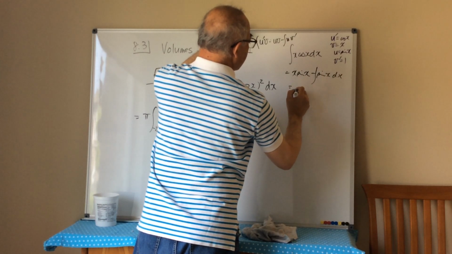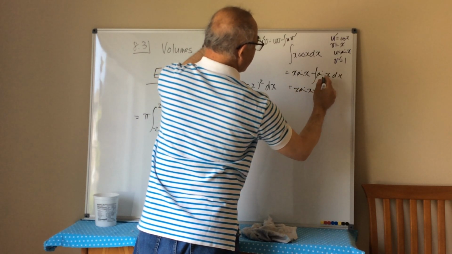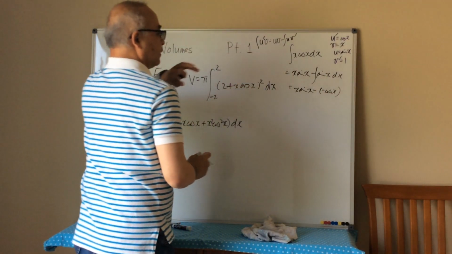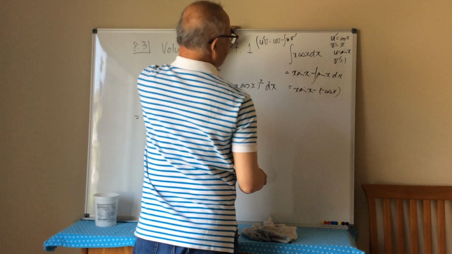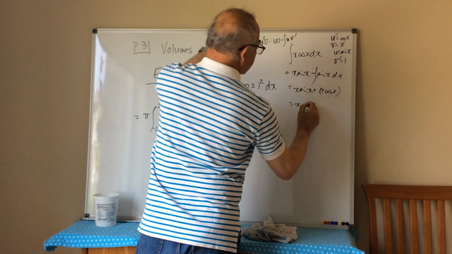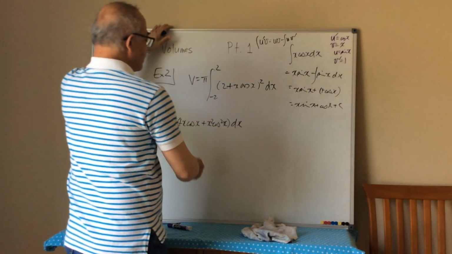So this will be minus the integral of sine x, which is plus cosine x, plus c. So that's how you do this part.